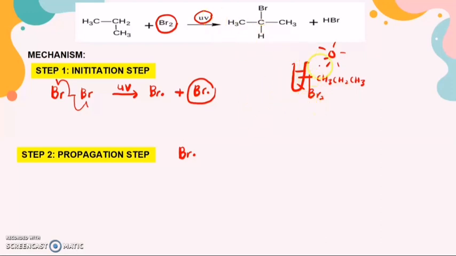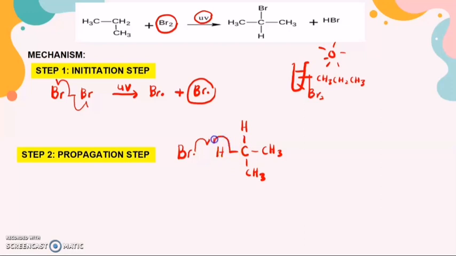In this reaction, I will show how this free radical attacks the secondary hydrogen. So I will expand the bond between carbon and hydrogen of the secondary carbon, and I will draw it like this to make it easier to show the bond cleavage. This free radical of bromine will attack this hydrogen, and this C-H bond will break symmetrically.